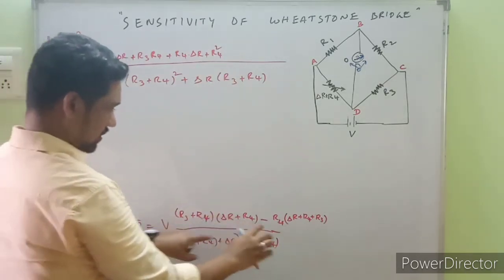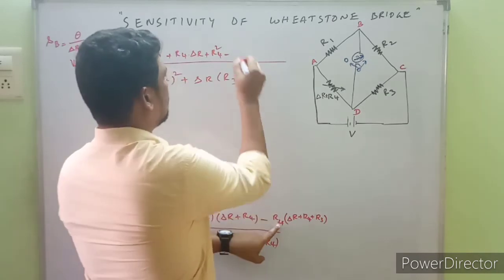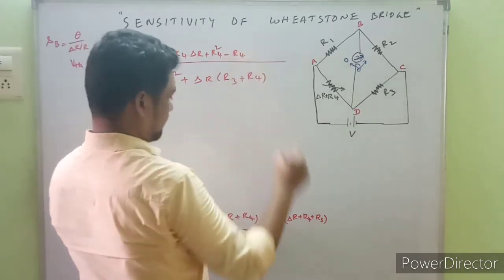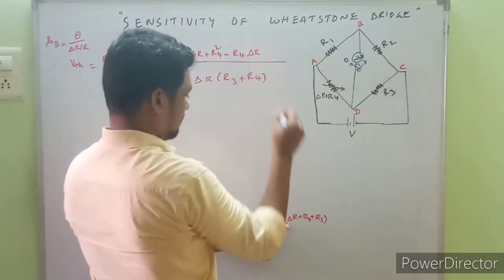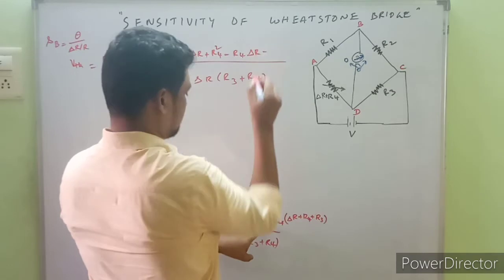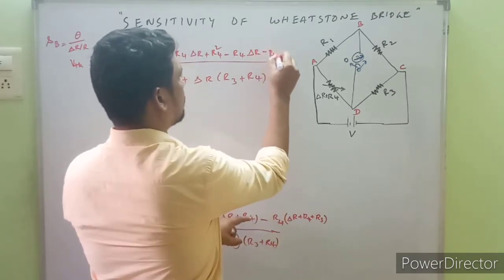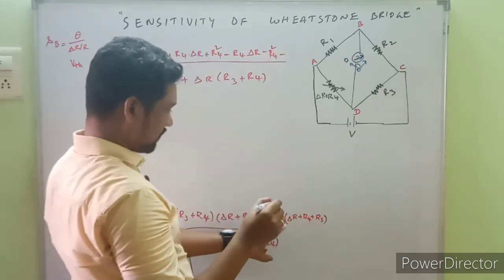Now this into this, minus del R R4 into del R, minus R4 square, minus R4 R3.